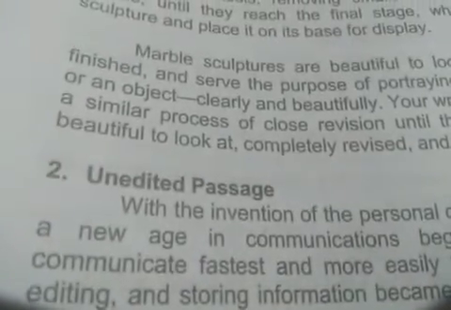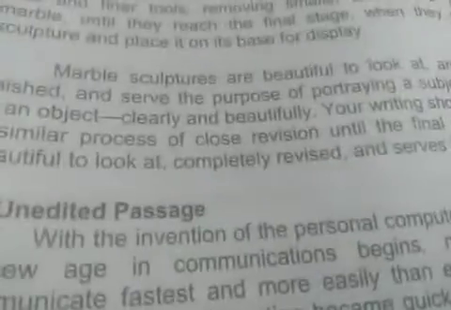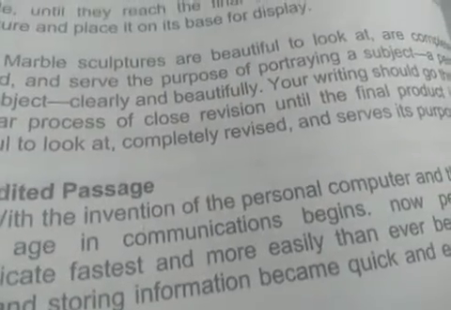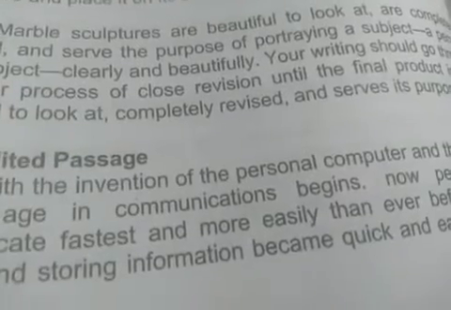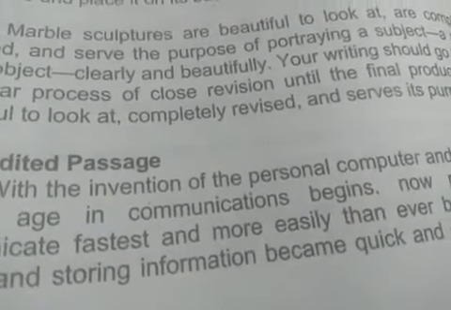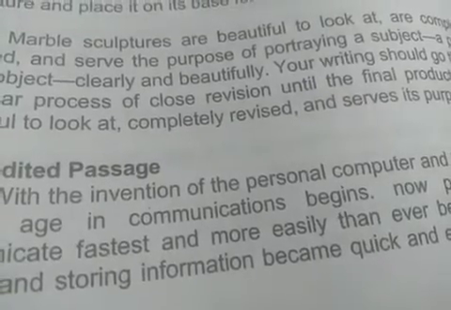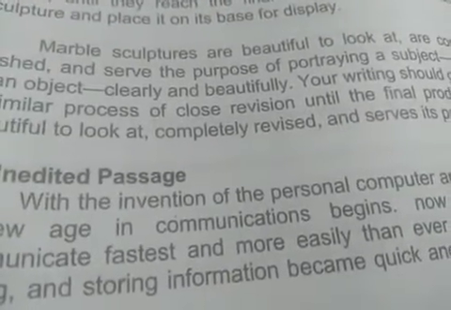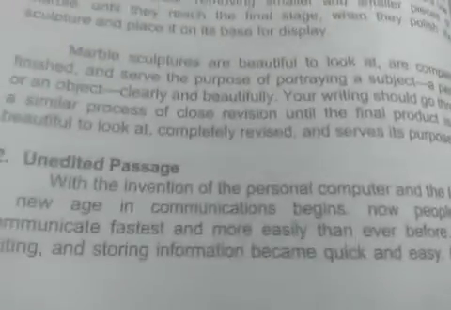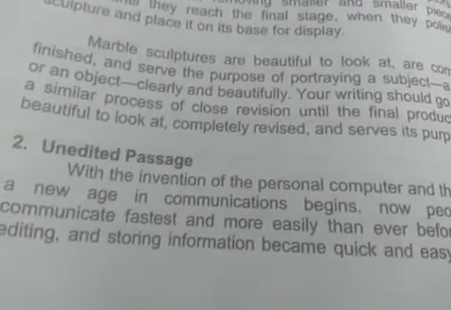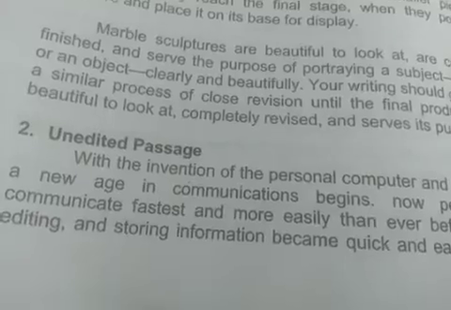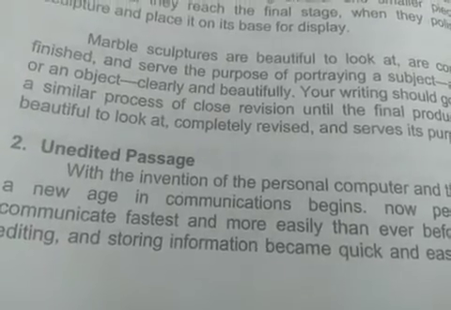Marble sculptures are beautiful to look at, completely finished. They serve the purpose of portraying a subject, a person, or an object clearly. Beyond beautifully, your writing should go through a similar process of close revision until the final product is also beautiful to look at, completely revised, and serves its purpose.